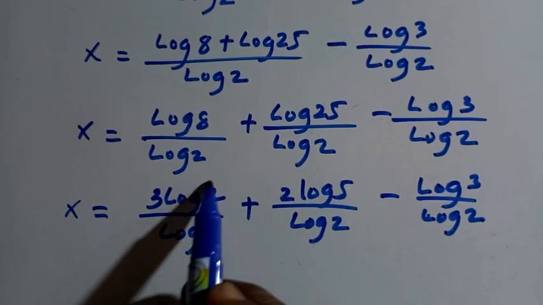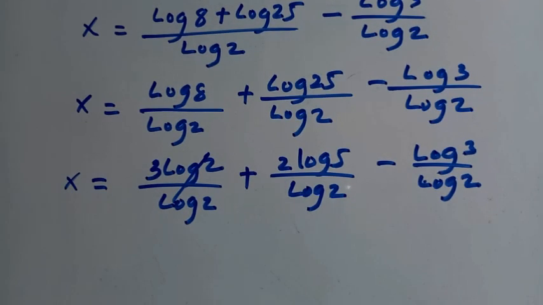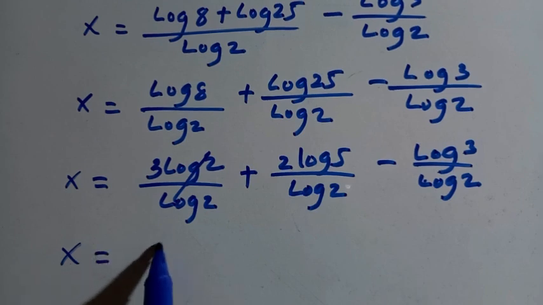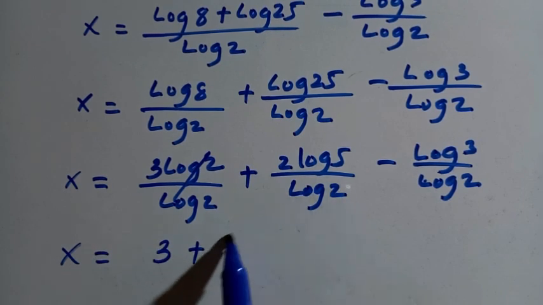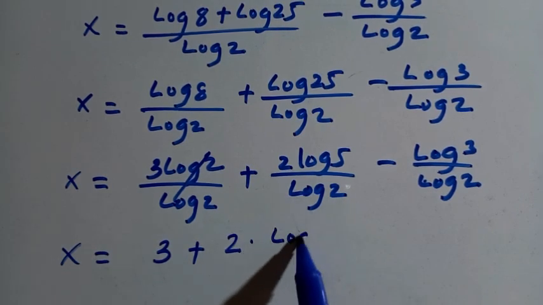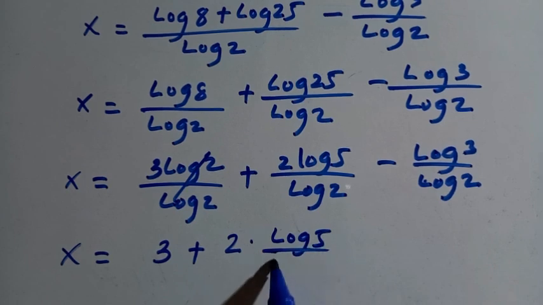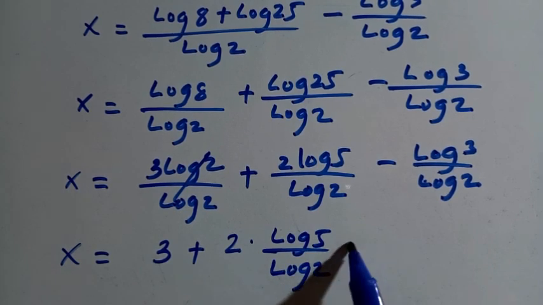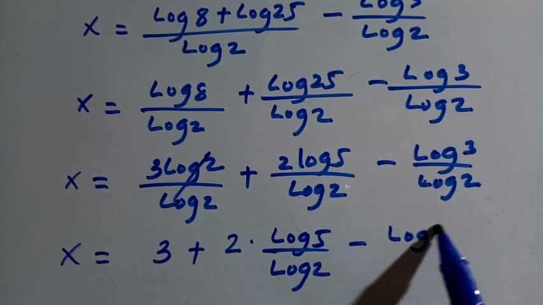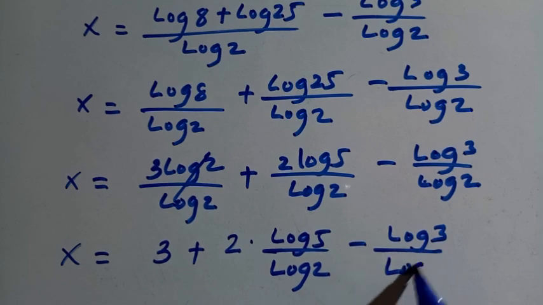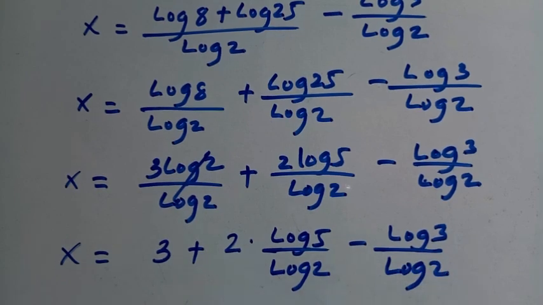And from the first one, log 2 cancelled log 2. Then we have x equals 3 plus 2 multiplied by log 5 divided by log 2, minus log 3 divided by log 2.